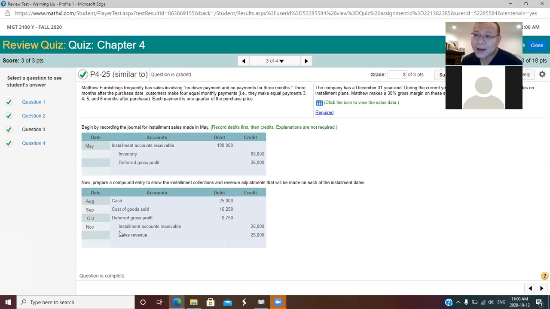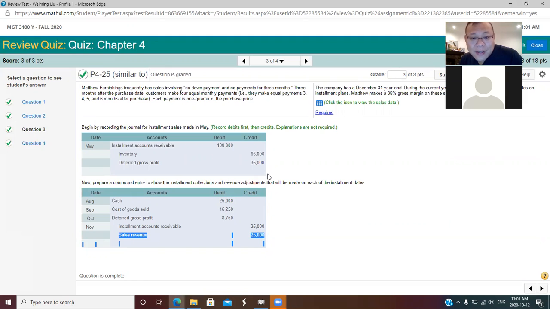So you debit cash for 25,000, and you credit installment accounts receivable for 25,000. And remember, they recognize revenue equal to the amount of installment they received. So they received the installment payment of 25,000, and they recognize sales revenue for 25,000. So they credit revenue for 25,000.